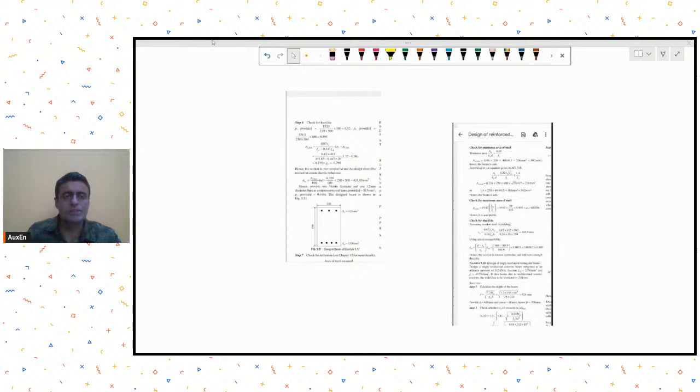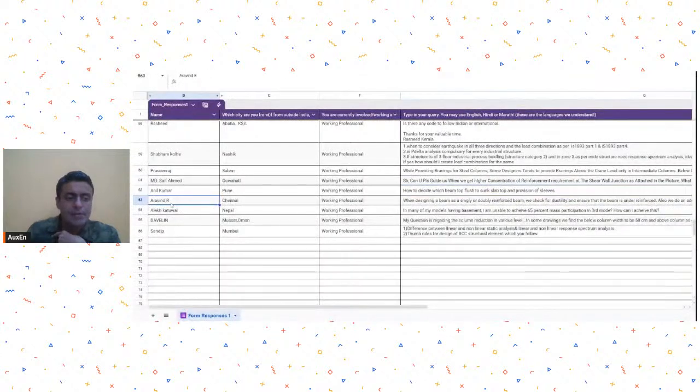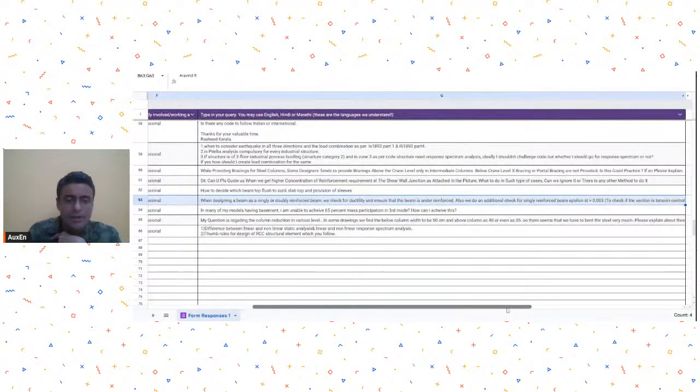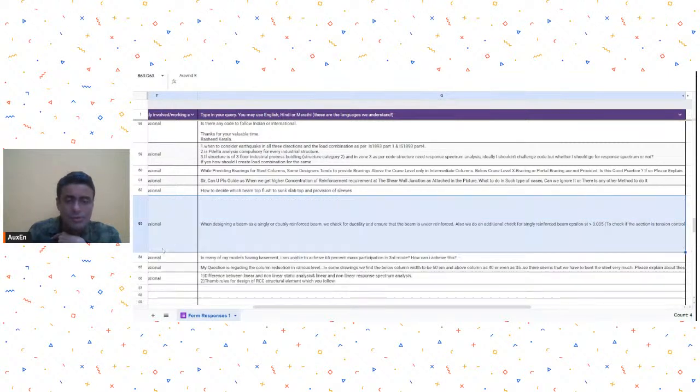So his question is how to decide... just a minute. Mr. Arvind from Chennai is asking, when designing a beam as singly or doubly reinforced, we check for ductility and ensure that the beam is under reinforced.